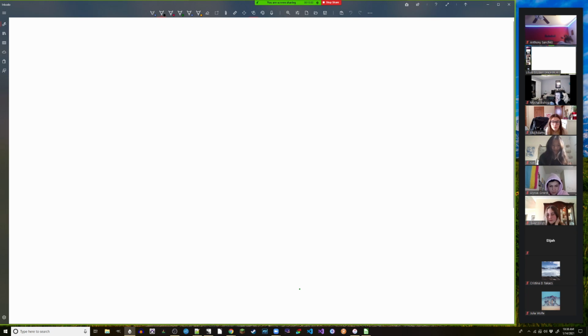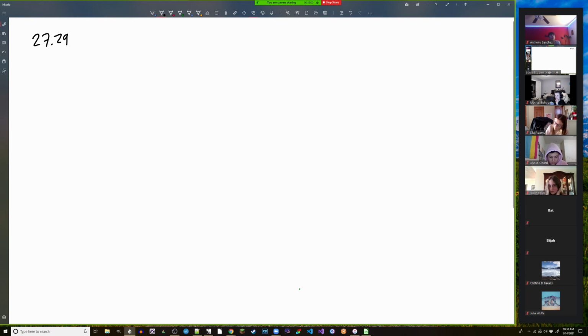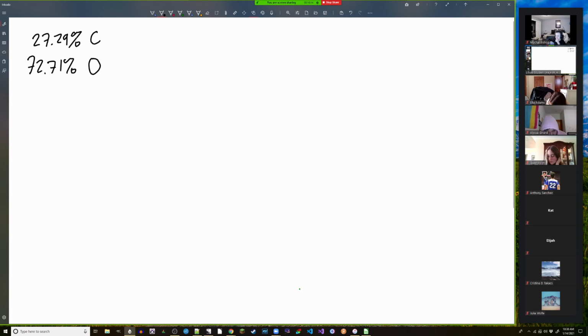The bacterial fermentation of grain to produce ethanol forms a gas with a percent composition of 27.29% carbon and 72.71% oxygen. We need to figure out the empirical formula for this particular gas.